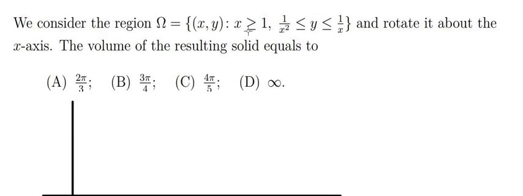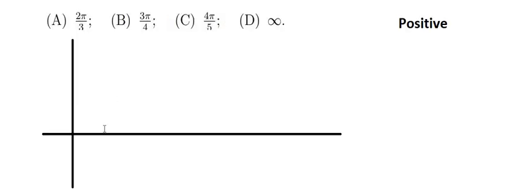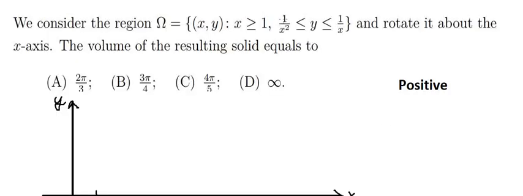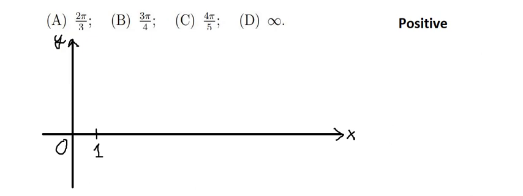Because s is greater than or equal to 1, we know that they should be on the positive side. So we have s equals 1. We need to put number 1 here. For 1 over s squared, the graph should be like this.